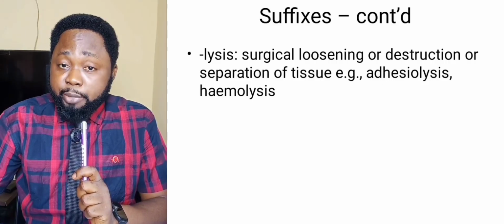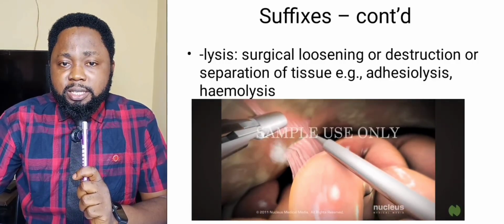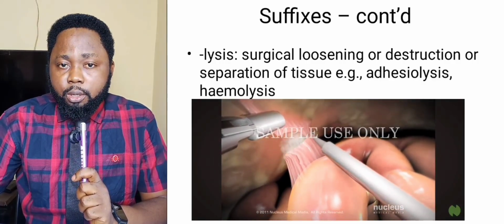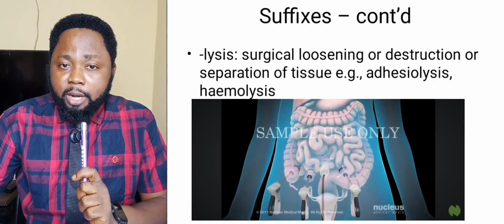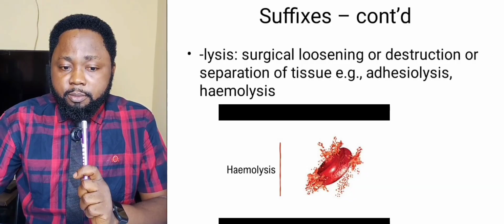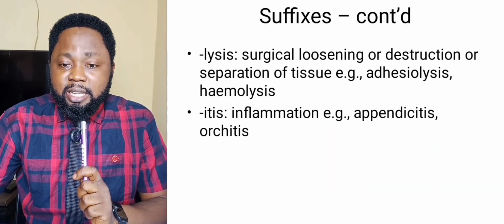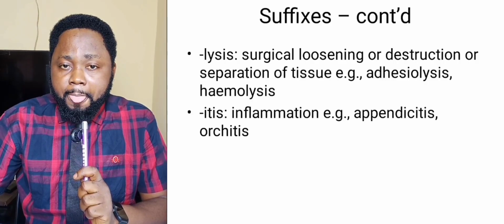It could also mean separation of tissue. Examples include adhesiolysis, which is the separation of tissues which have been bound together by scarification. Hemolysis refers to the destruction of red blood cells. Itis means inflammation. Examples include appendicitis, which is the inflammation of the appendix.